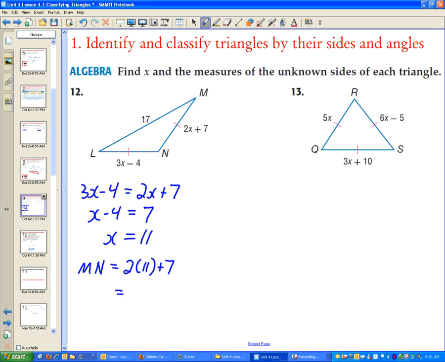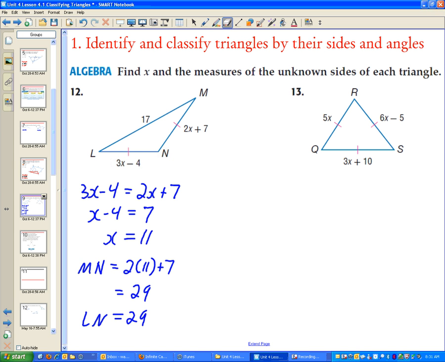What's 22 plus 7? 29. Now, without writing it down, you might just want to mentally do this. Do you get 29 when you put 11 in there? You do, don't you? 33 minus 4. So not only is MN 29, LN is also 29. And we're positive because we double checked it.